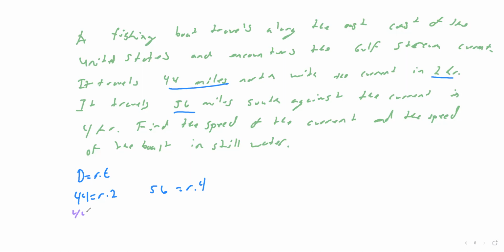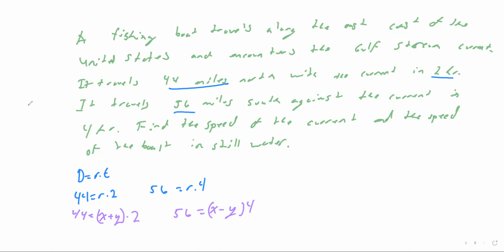So in this one, this is 44 equals so with the current, so you'll have your speed plus the speed of the river that you're traveling 2 hours with. And over here, you would have your speed, and then you'll be going against the current. So you'll have to fight against the current, and it takes 4 hours. So now the rates aren't the same because now we got your rate with the current, your rate against the current. And so now we have two equations.